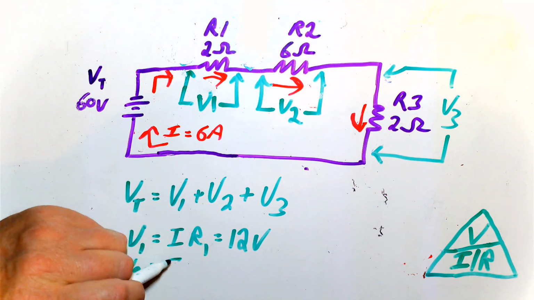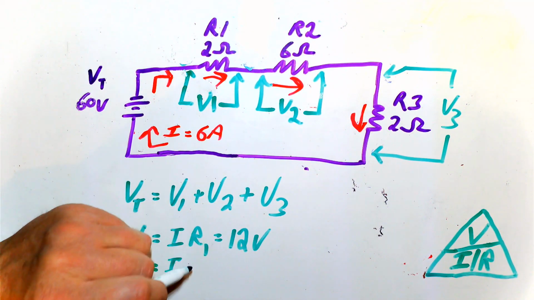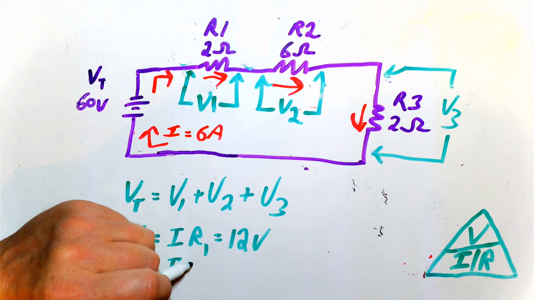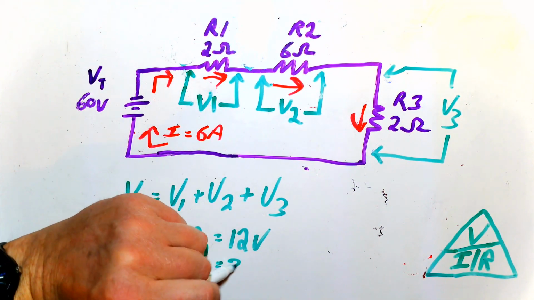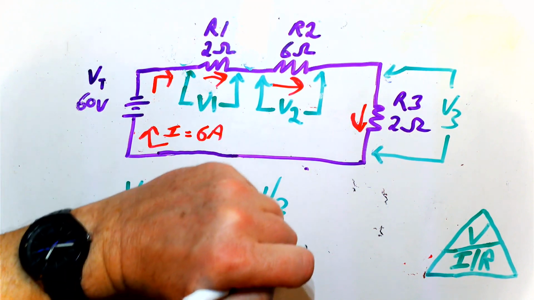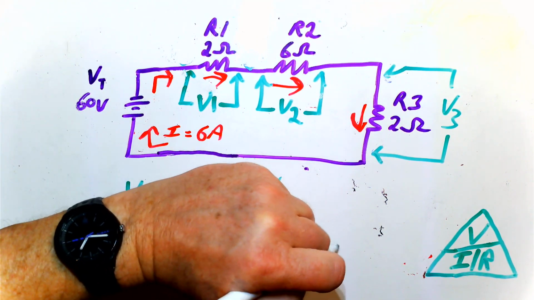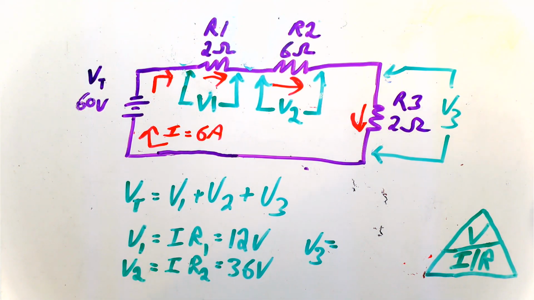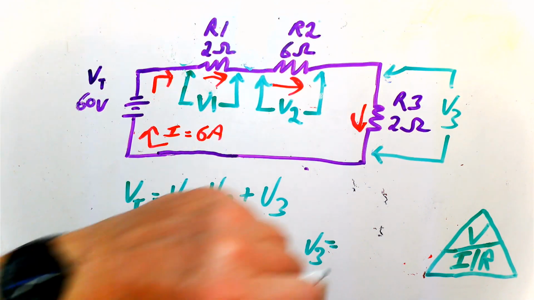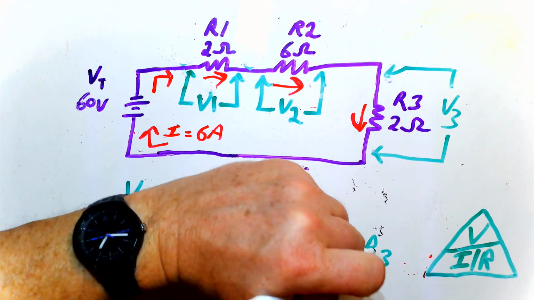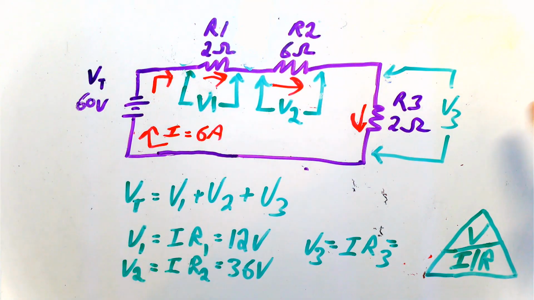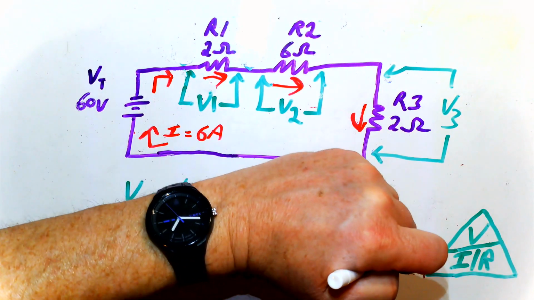That's going to equal the current, the 6 amps, times R2, which is the 6 ohms, which is going to be 36 volts. And V3 is going to be the current times R3. 6 amps times 2 ohms, 12 volts again.